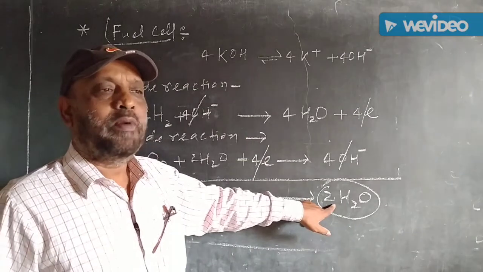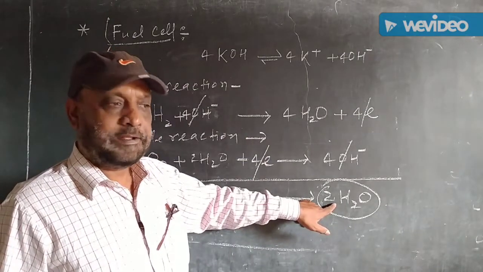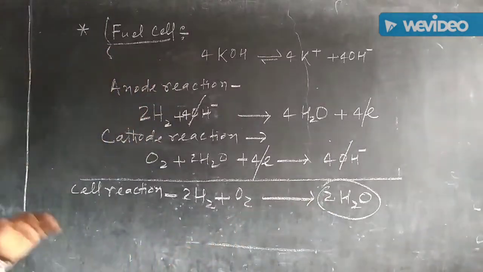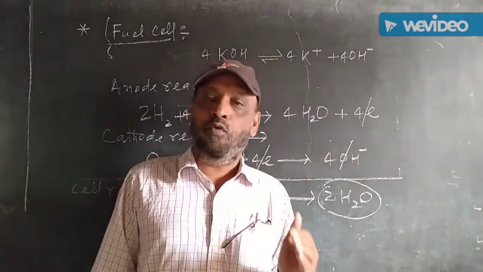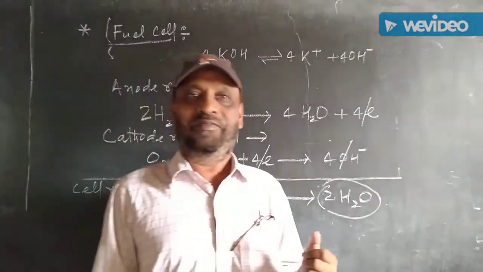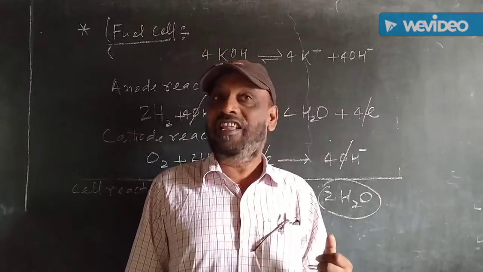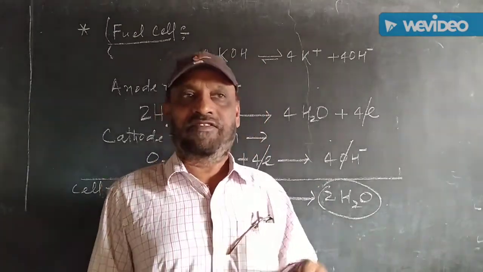Water is used by the satellite passengers for drinking. A fuel cell is more efficient than a lead storage battery, but it is costly and not used in general life.